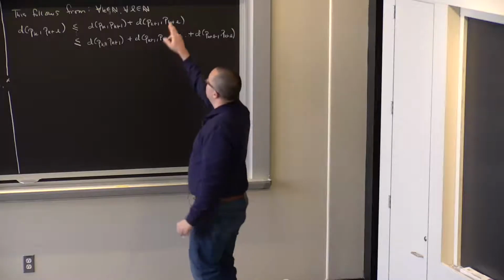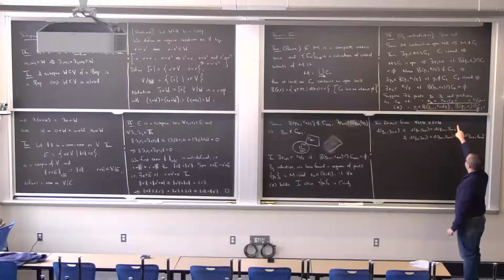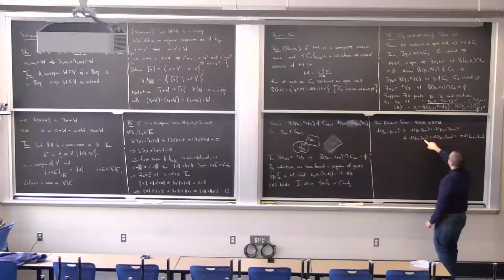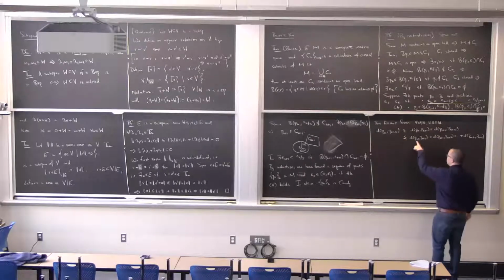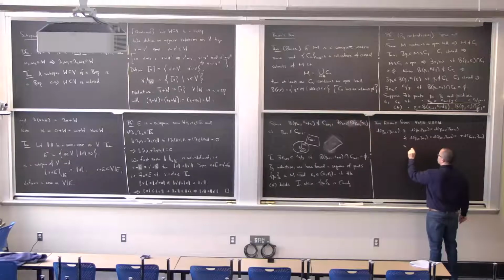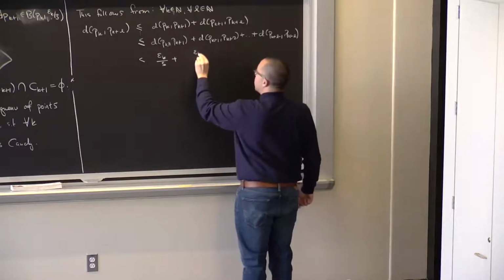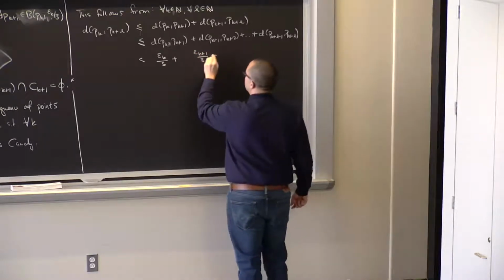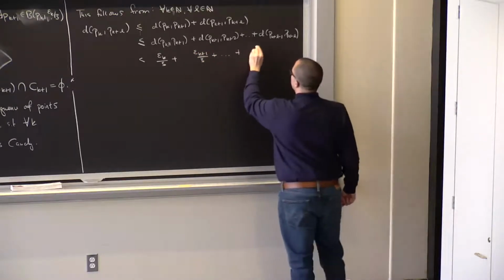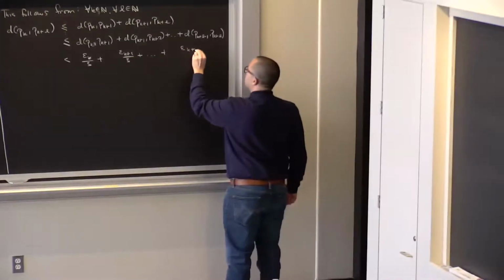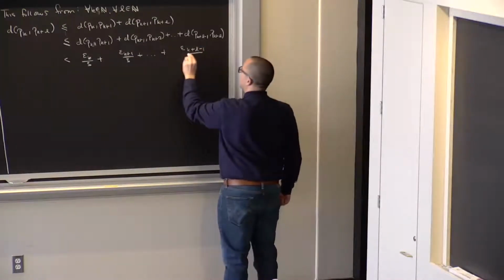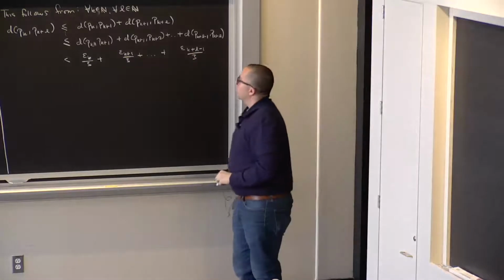Now, by star, what's in yellow, p_{k+1} is in the epsilon_k over 3 ball centered at p_k. So this is less than epsilon_k over 3. And the same thing here, less than epsilon_{k+1} over 3 plus, up to epsilon_{k+L-1} over 3.